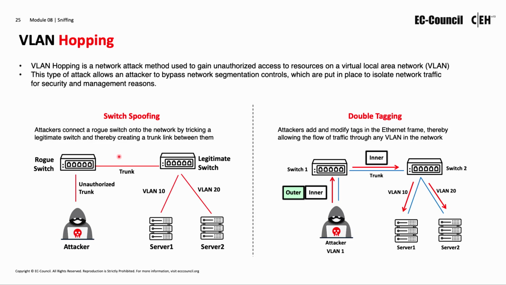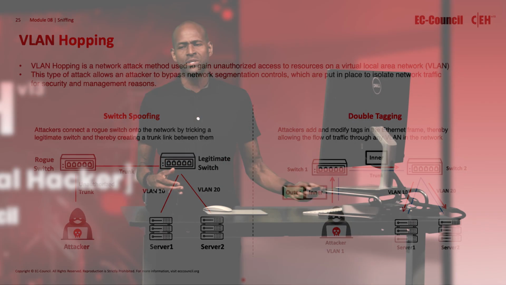If both of these are in dynamic desirable and a cable is plugged into both of them, they want to be a trunk port, so they'll turn it into a trunk port. The reason we have these different modes is that we want to create a situation where if one switch goes down, it'll automatically change the architecture so we don't lose anything.